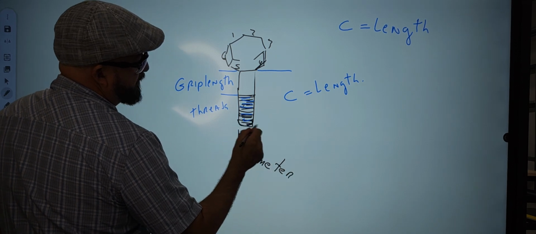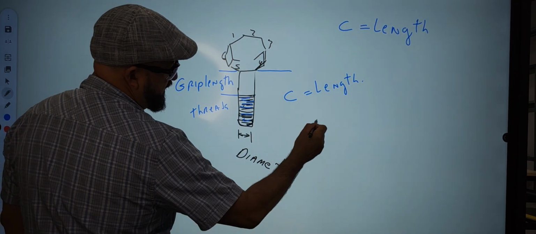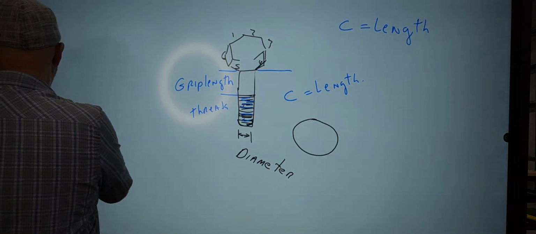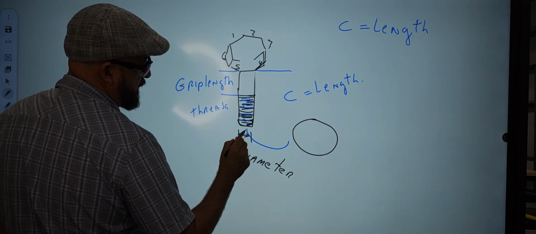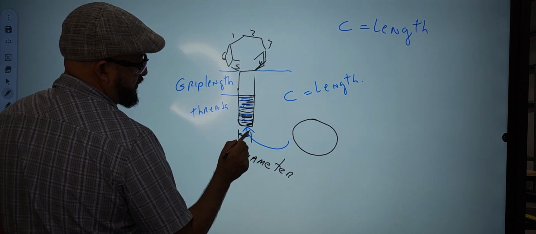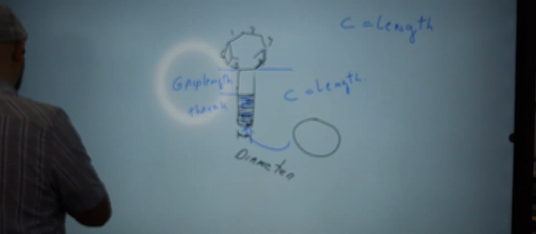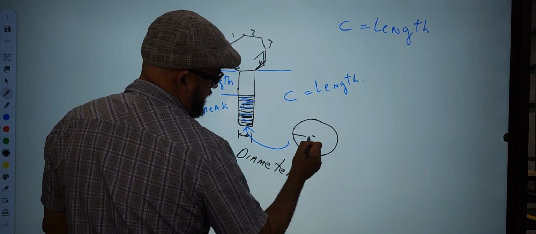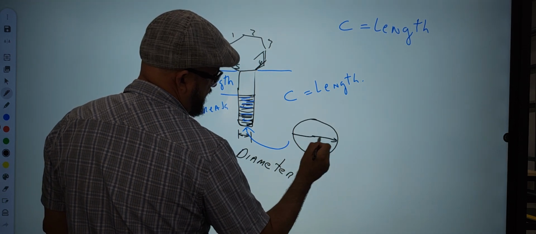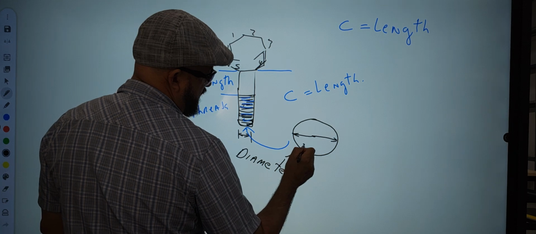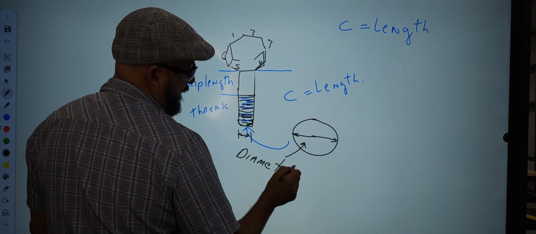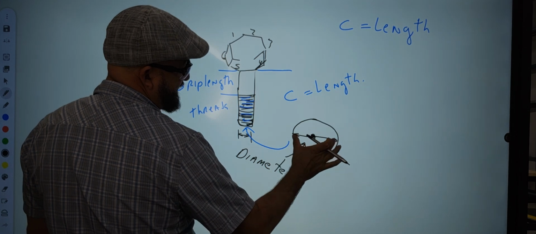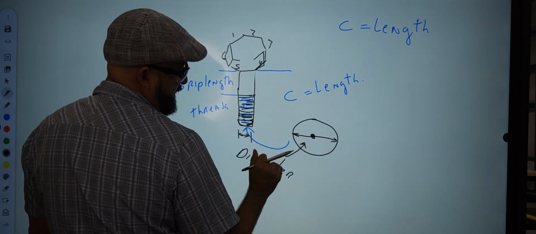If we were to look straight down into here, it would look like a circle. And the diameter of a circle is that distance from here to the middle and all the way there, passing through the center. That's why it's called diameter.